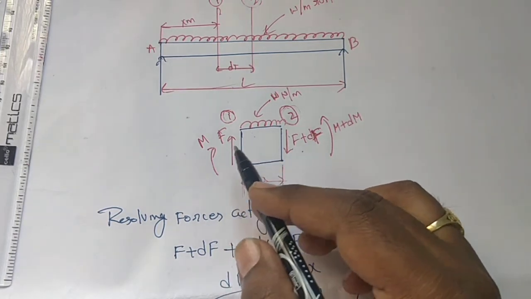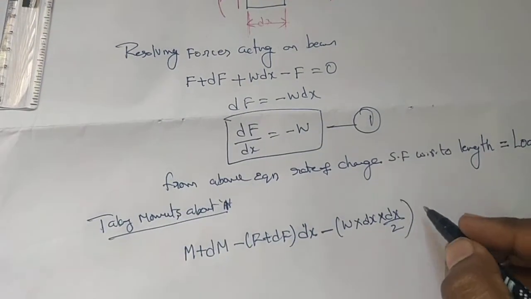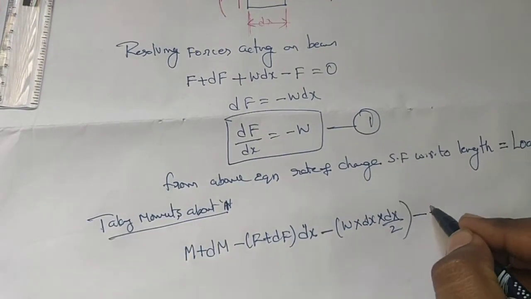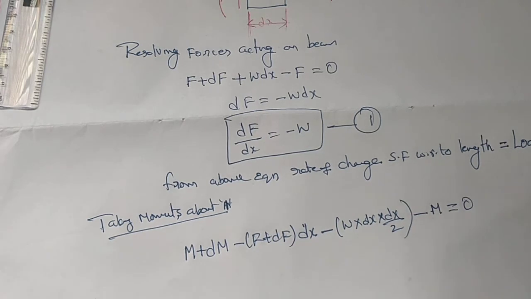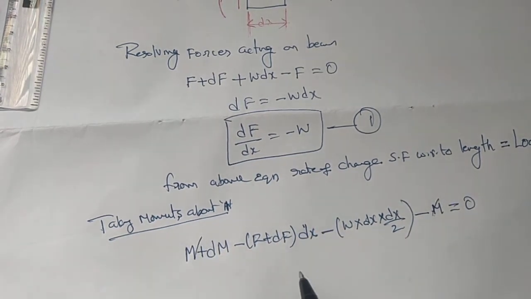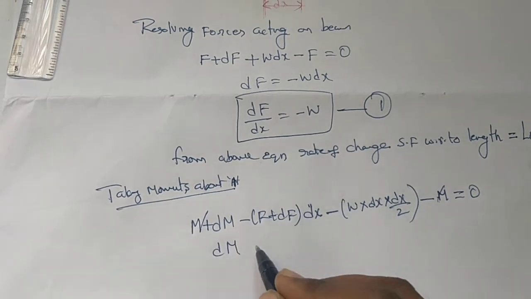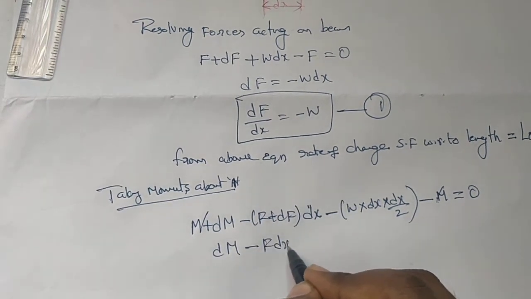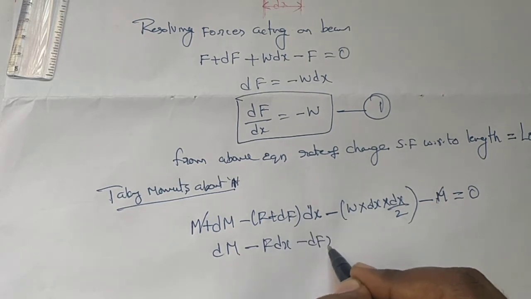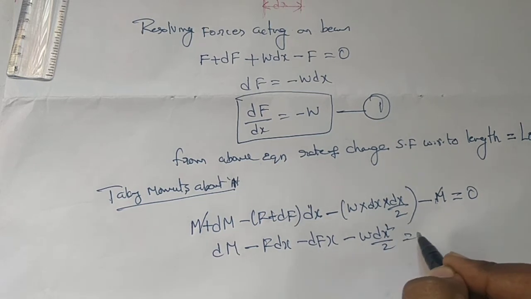The next is the couple, the moment M, acting clockwise, so it is taken as minus M, that equals 0. Here minus M plus M get cancelled. Here dM minus F dx minus dF dx minus W dx square by 2 is equal to 0.